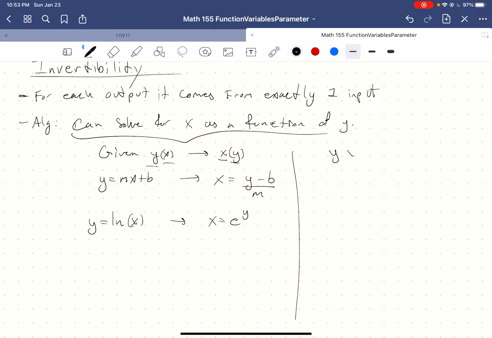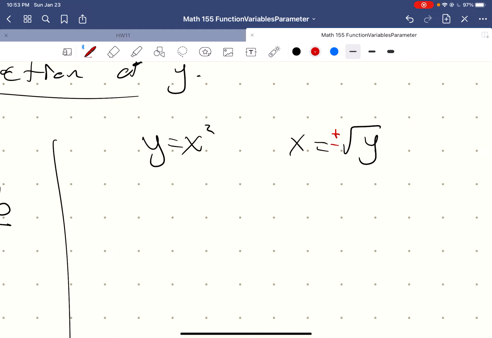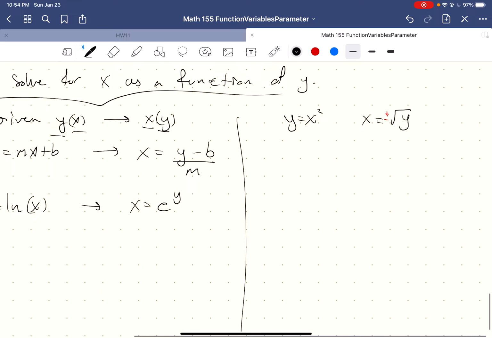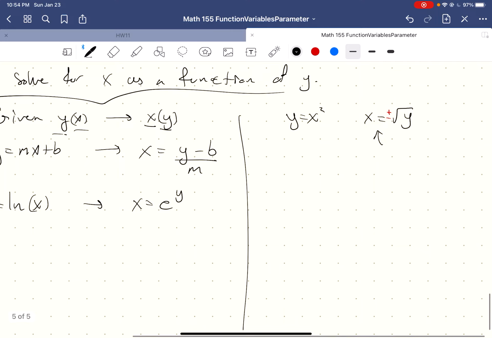So kind of the easiest and most classic example is to say y is equal to x squared. If you try and solve for x, you might be tempted to say x is equal to the square root of y, but it's not quite true. There's a very key thing missing, which is plus or minus the square root of y. So if I were to graph this relationship, it's not a function, but it is a valid relationship. The square root of y would look like this.